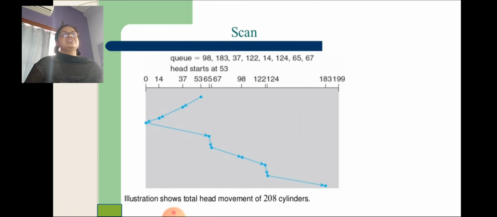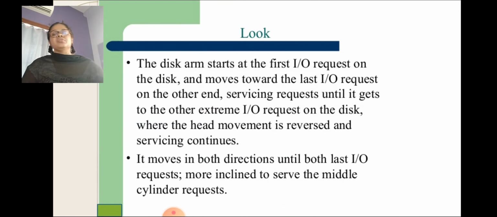The heaviest density of requests is at the other end of the disk. These requests have also waited the longest, so why not go there first? This is the idea of the LOOK algorithm.